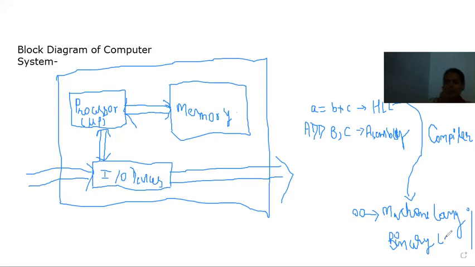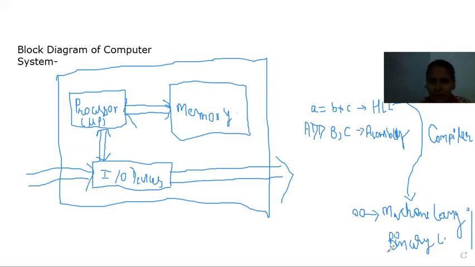So students, in the higher level language, to convert a program into the binary language or machine language, we will use compiler. The basic purpose of the compiler is to convert the higher level language program into the machine language.